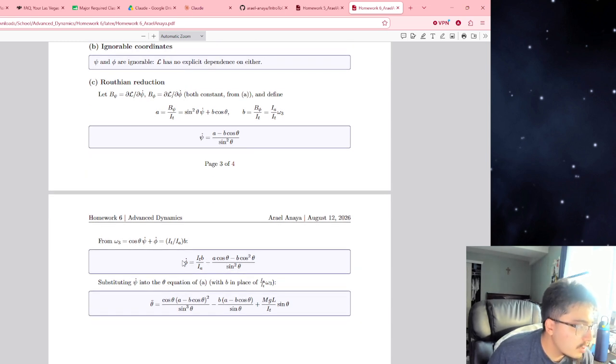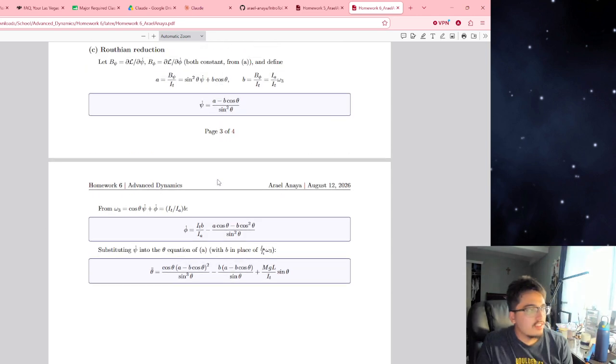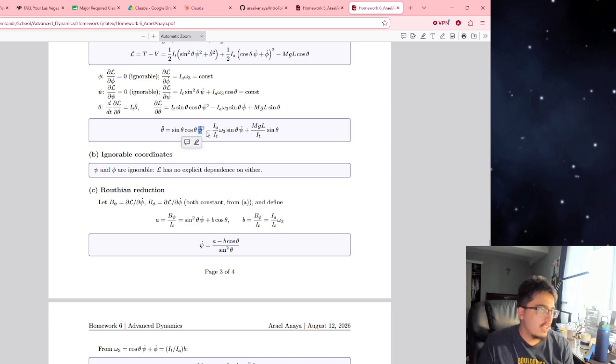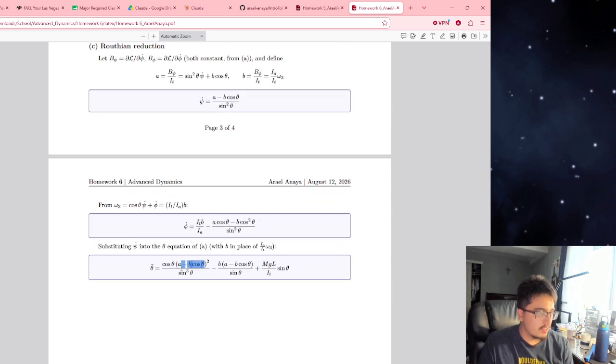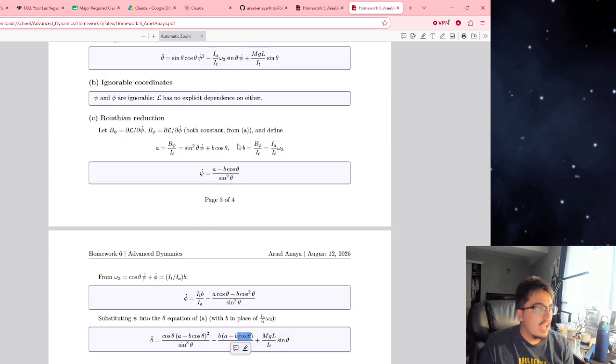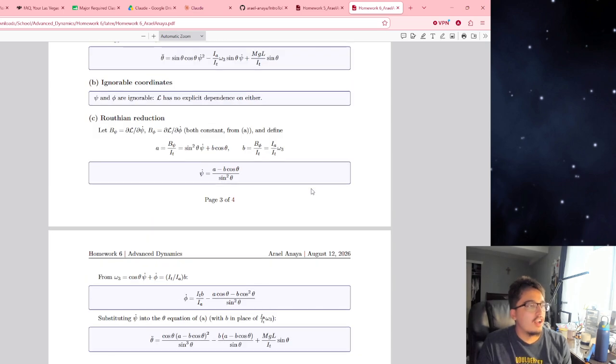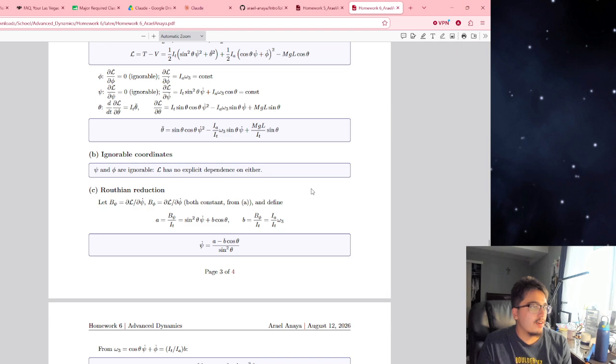Set them equal to each other, and we get an equation for phi dot. Then we just go ahead and plug that back in. We plug in that psi dot squared, which gives us this term. We plug in that psi dot normal here, and then that gives us our equation of motion for the system, depending only on the non-ignorable coordinates, so the coordinates that were actually there.